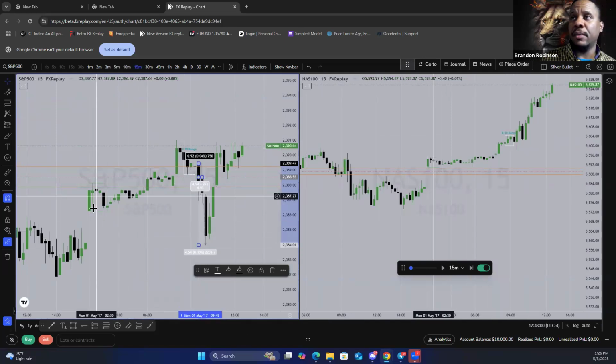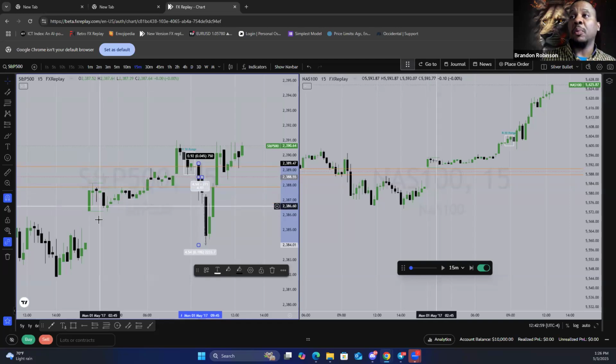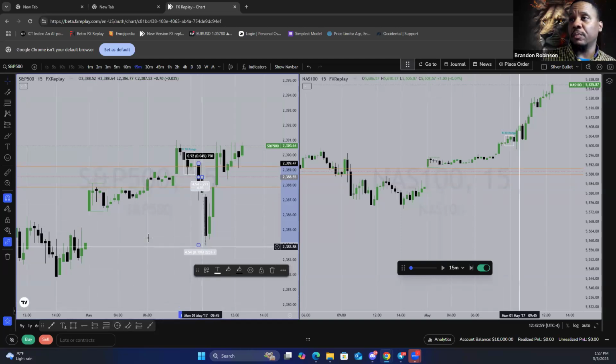You see, I got my Frankfurt range already. The little indicator is already set to identify it. But price came all the way down into this liquidity void, and then we tapped basically the bottom of the new week opening gap, and then that's it.